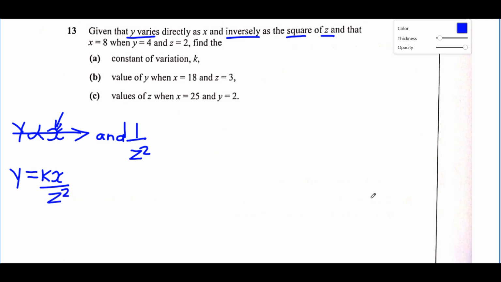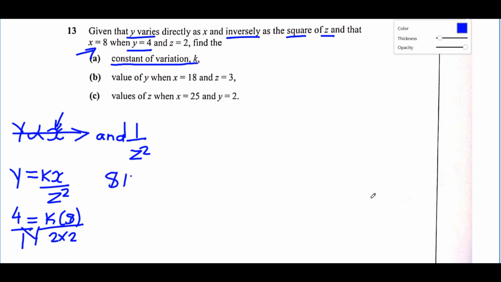Now to find the constant of variation, x is equal to 8, y is equal to 4. So where there is y, we put 4. K is what we are solving for. X is 8 over z is 2 multiplied by 2 over 1. We cross multiply. So this will be k.